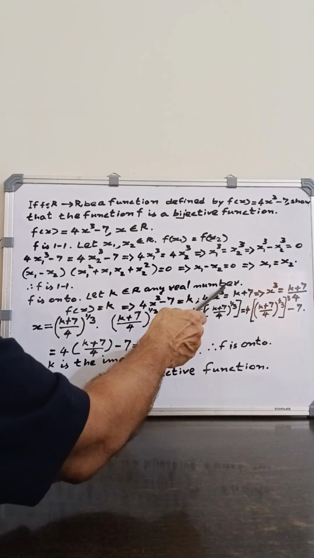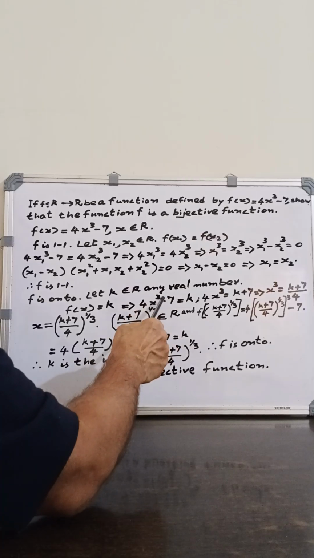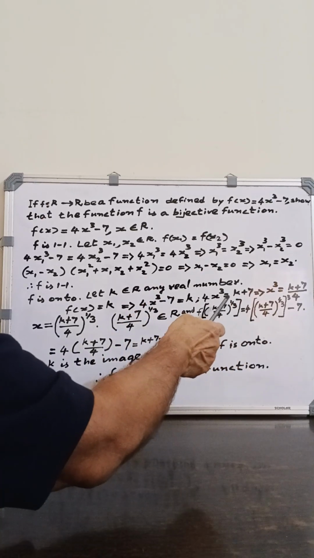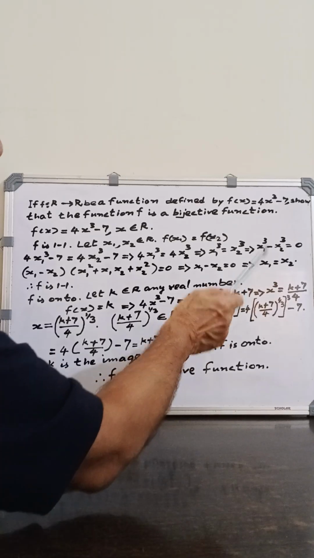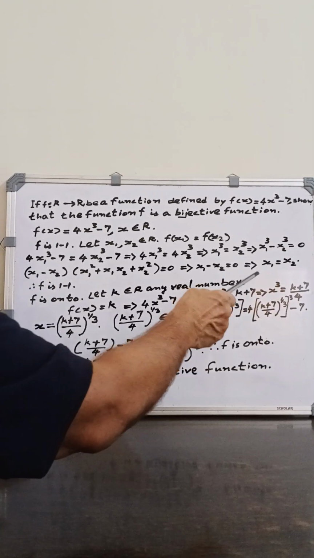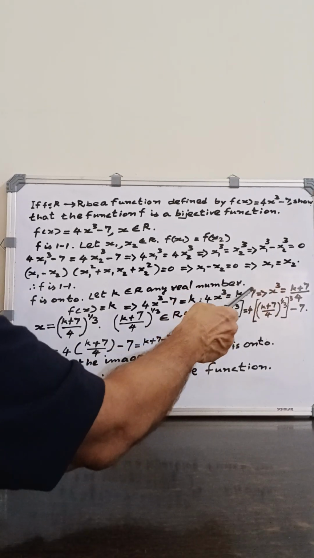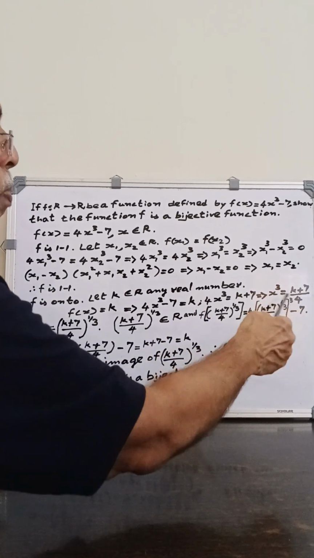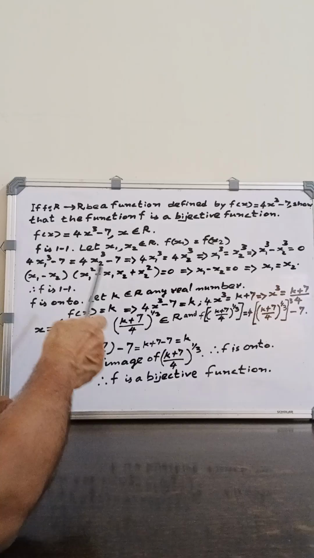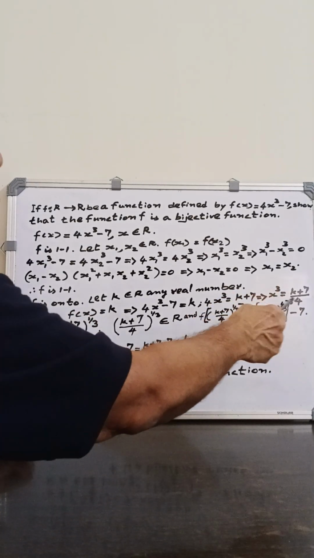Therefore, 4x cube equals, when minus 7 is transposed towards RHS, it becomes k plus 7. That is 4x cube equals k plus 7. Therefore, x cube equals k plus 7 by 4.